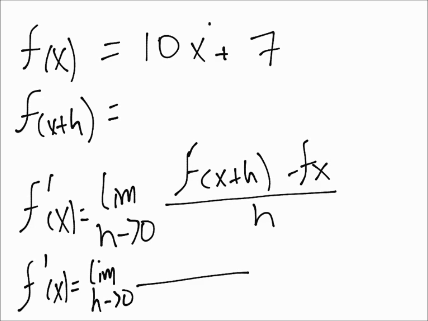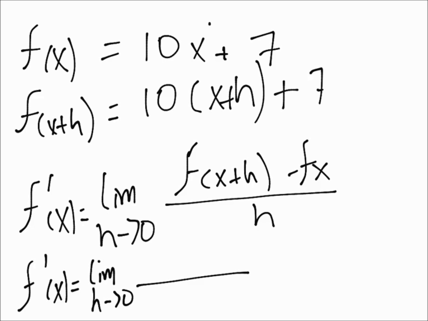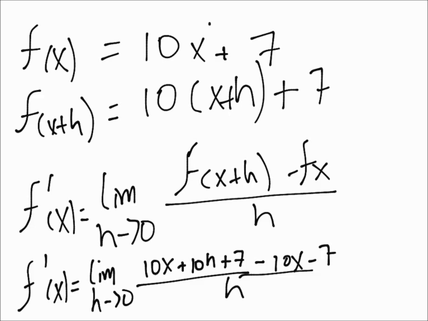So our f(x plus h) was simply adding the x plus h instead of the x. So it will be 10 times (x plus h) plus 7. So it would just give us 10x plus 10h plus 7 minus 10x minus 7. So over h.